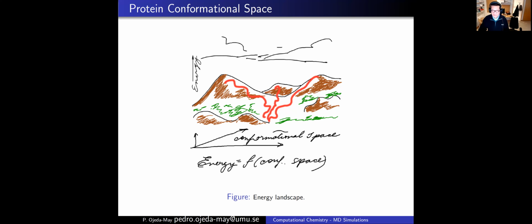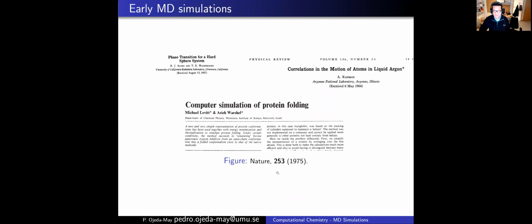And if the conditions are not appropriate, they won't be able to sample that region. In molecular dynamics terminology, this is called the conformational space, right? And the energy is a function of the conformational space.